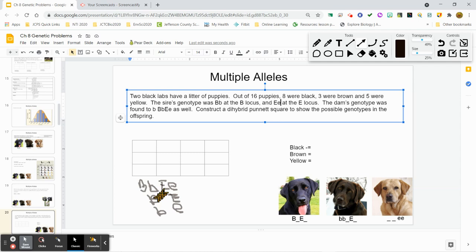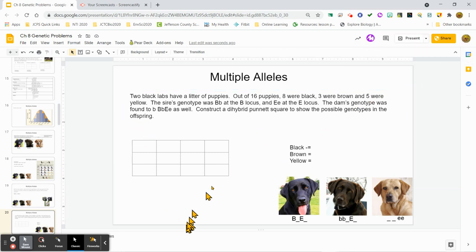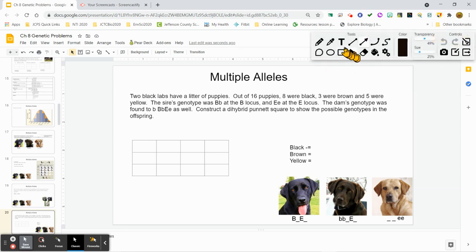So this is big B, big E. And this is big B, little e, little b, big E, and little b, little e. I actually can't put them up there now. So I'm going to put them up here. So maybe it'll let me do it. This is going to be big E.